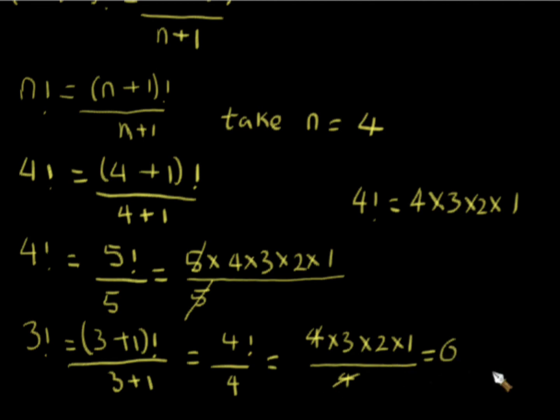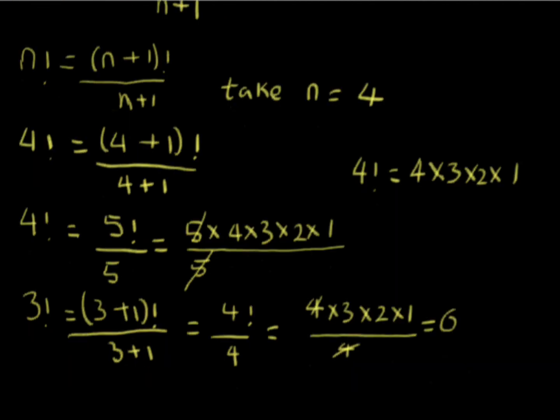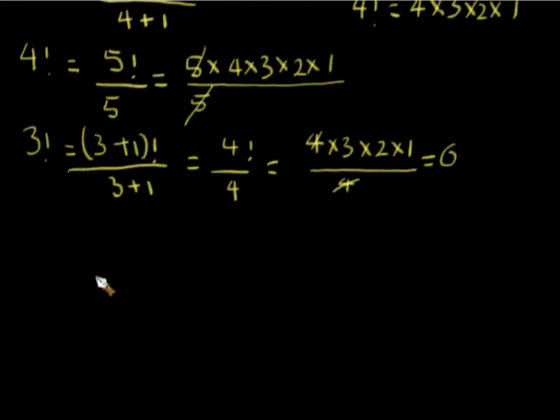Now moving downward, we would notice that the same thing happens for 2 factorial. 2 factorial would be equal to 2 plus 1 factorial, close this bracket, divided by 2 plus 1.